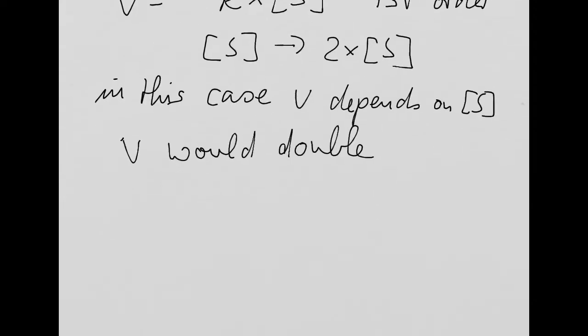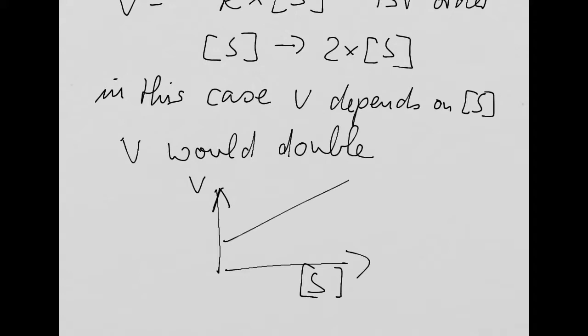How would this look like if I do a plot? So here I plot my concentration of S. Here I plot my V. The more S I have, the more V I get. Would look like that. Yes? Happy with that?